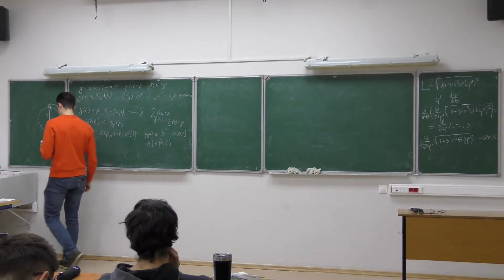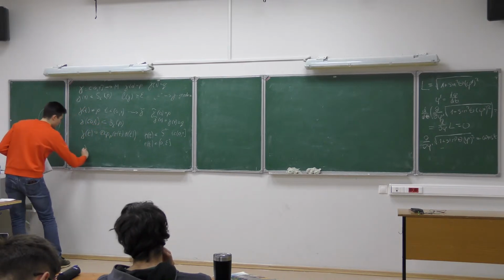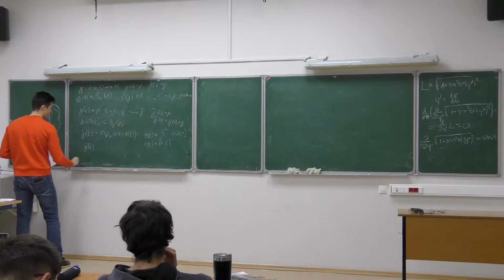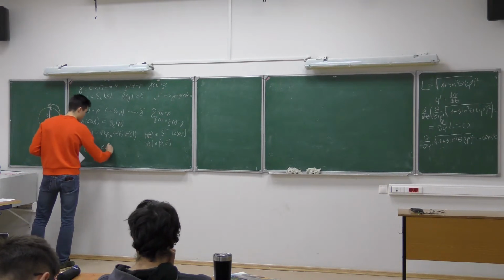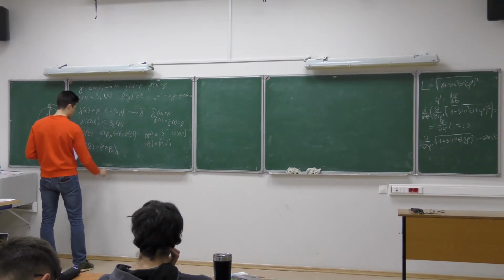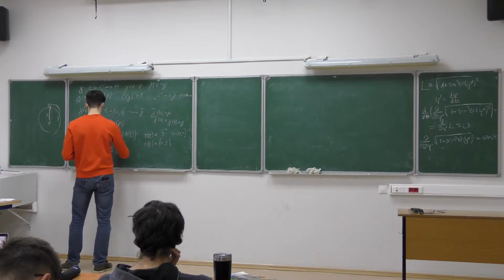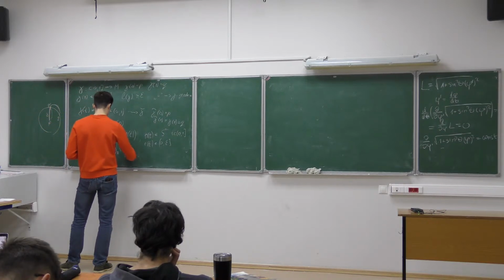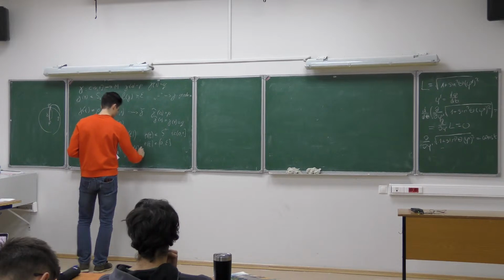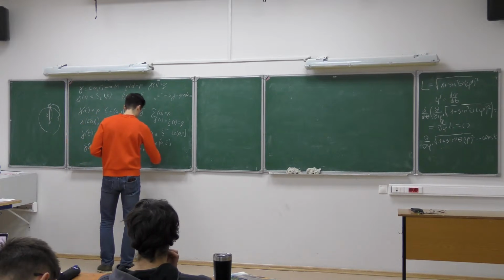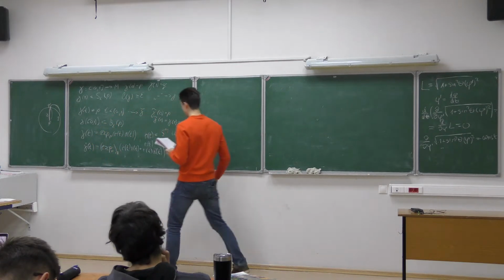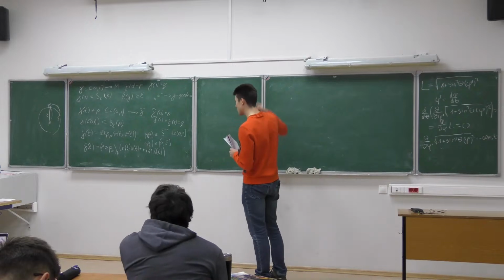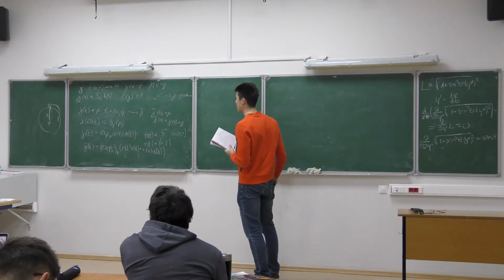Then we can calculate the derivative, and it will be before the exponent. So we have gamma of t is like this.